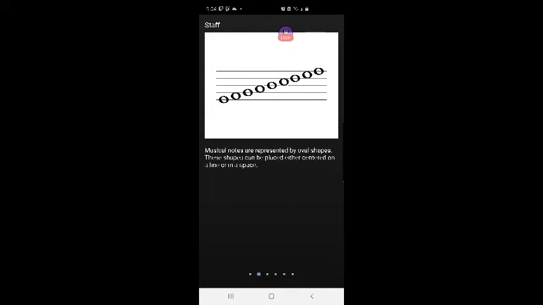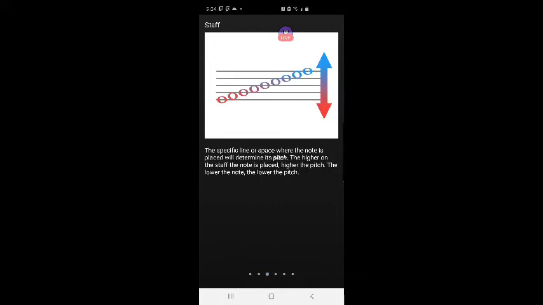Musical notes are represented by oval shapes. These shapes can be placed either centered on a line or in a space. The specific line or space where the note is placed will determine its pitch. The higher on the staff the note is placed, the higher the pitch. The lower the note, the lower the pitch.